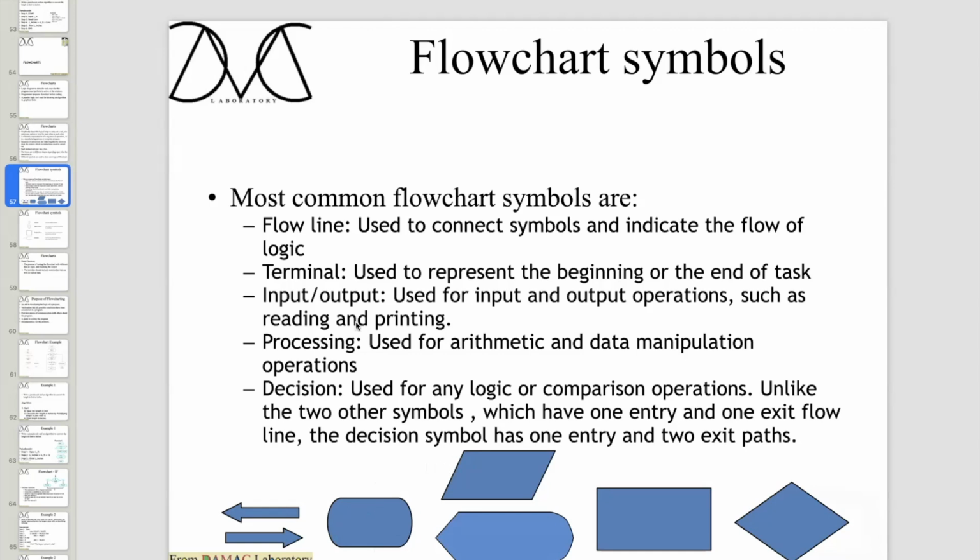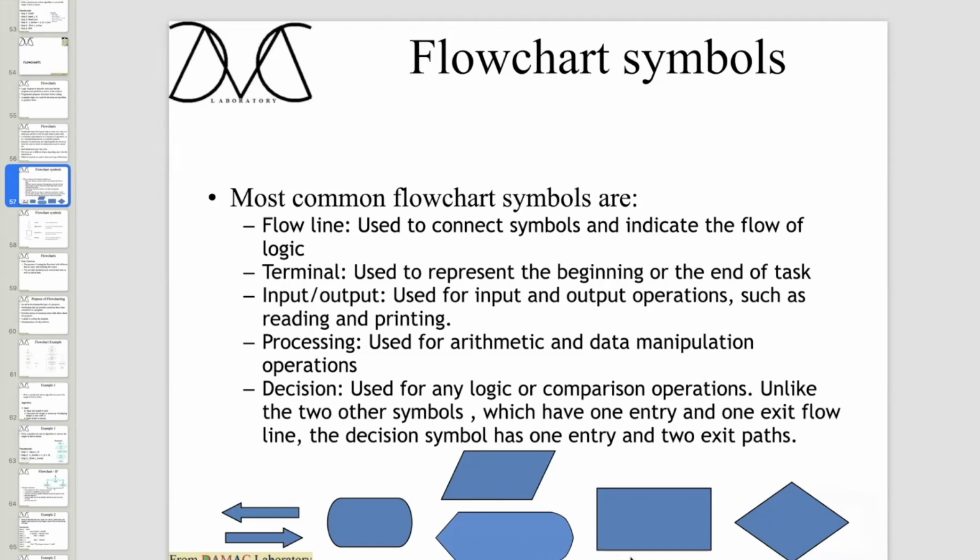Next comes input and output. For input we generally use the parallelogram, and for the output we use this particular symbol. Input means reading, getting some value from the user, and the display or output symbol is used for printing or display of a particular element.